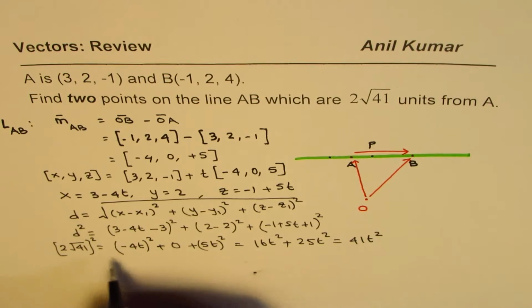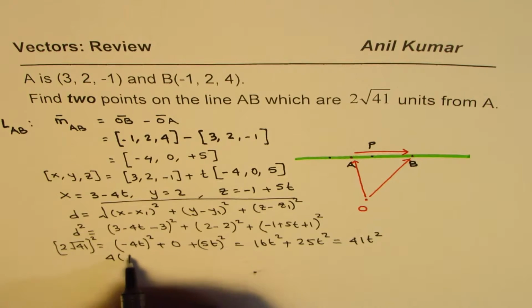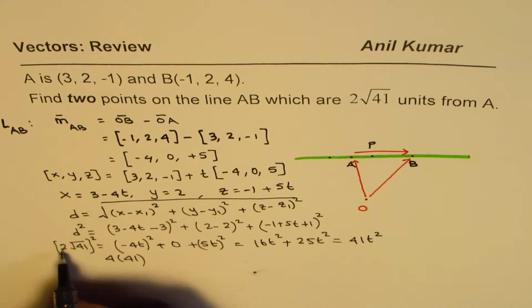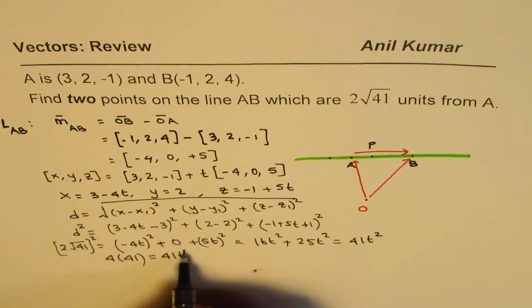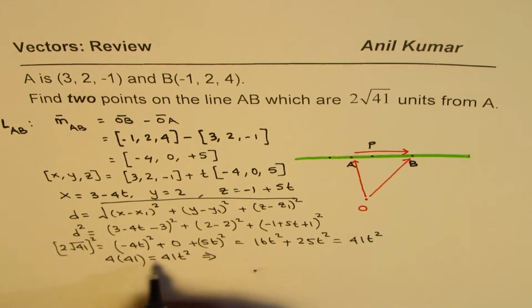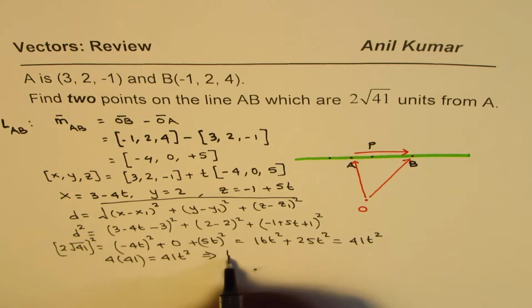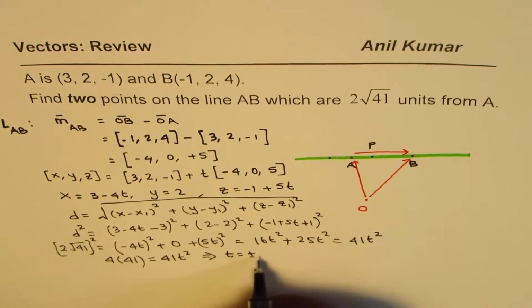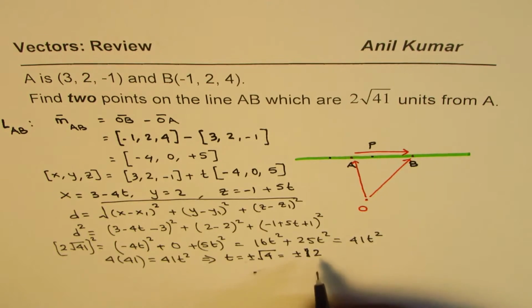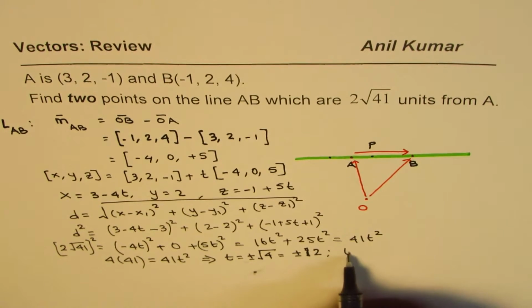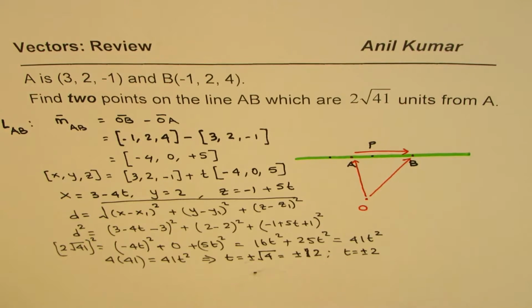So 2 squared is 4, and we get 4 times 41 equals 41t squared. The 41 cancels, so t equals the square root of 4 with plus and minus, which gives two values. The square root of 4 is 2, so t equals plus or minus 2.